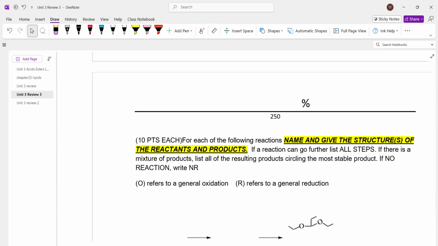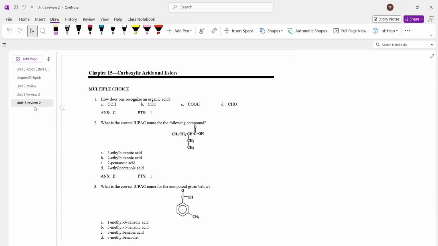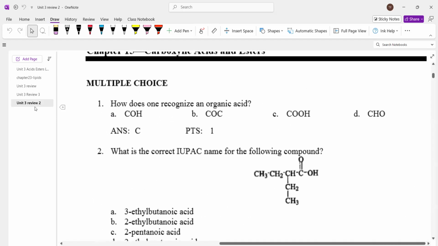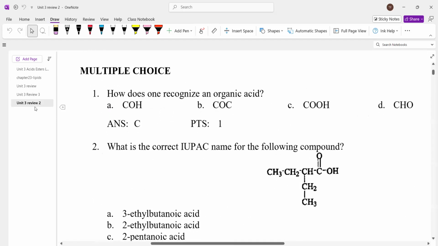Okay, let's review some more. What we're going to do is look through some of these questions for another 10 or 15 minutes or so. I just want to recognize an organic acid.